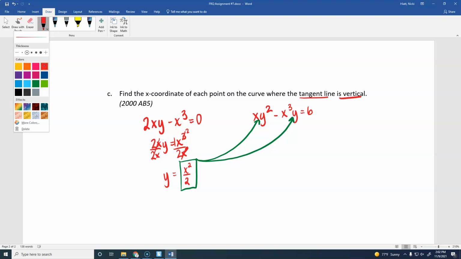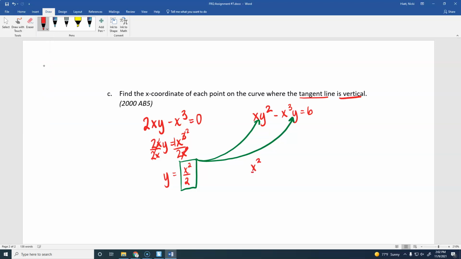Okay. All right, so you're going to have x times x squared over 2, squared, minus x cubed times x squared over 2, squared, equals 6.